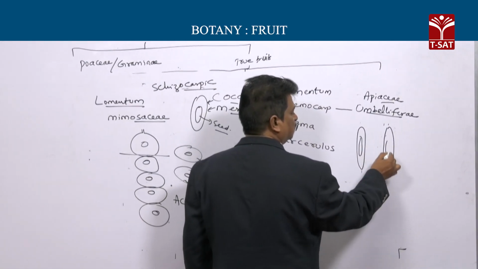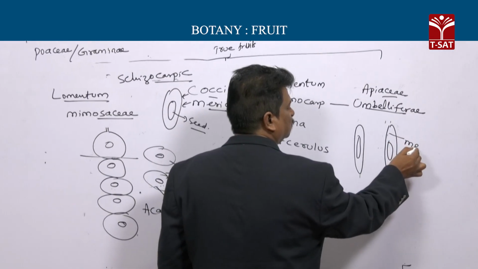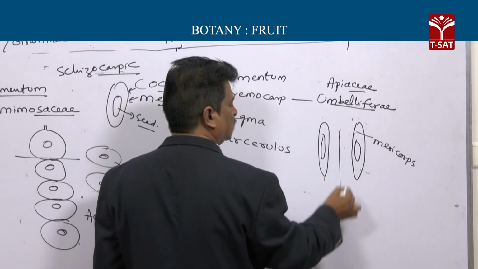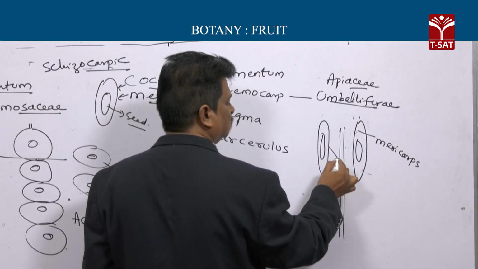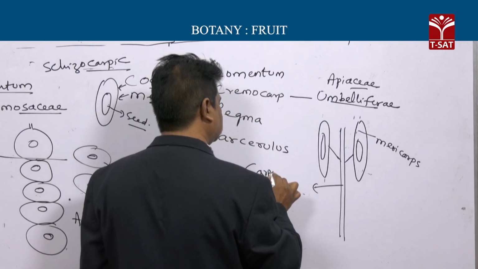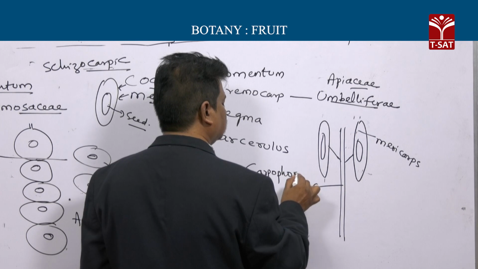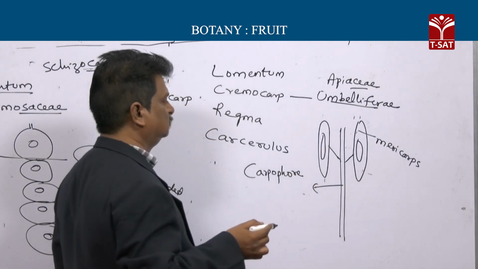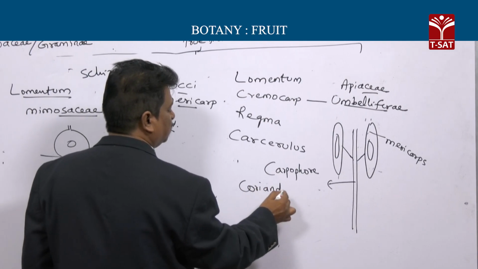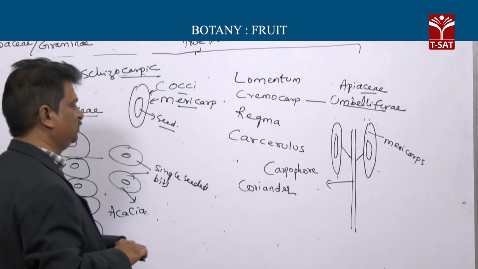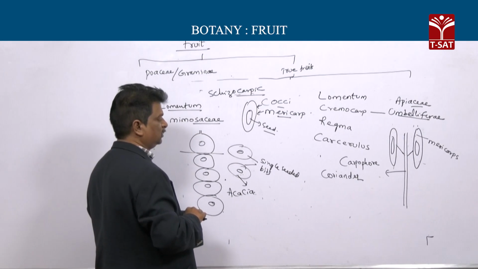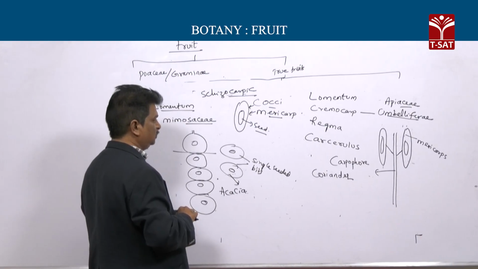This fruit breaks into two single-seeded bits called mericarps. These two mericarps are attached to a stalk called the carpophore, which is an elongated part of the thalamus. An example for a cremocarp is coriander.